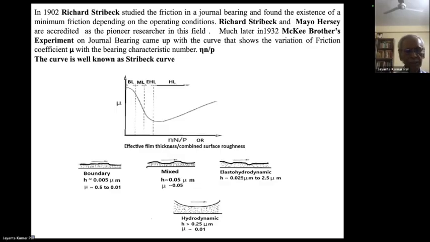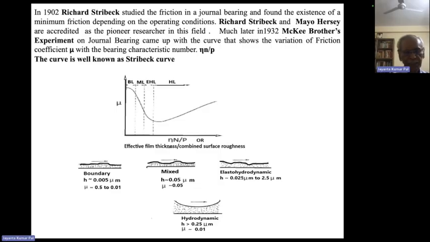But the frictional characteristics are often guided by the solid friction laws. Then comes the mixed lubrication. In the mixed lubrication phase, some part of the contact is fairly close together.